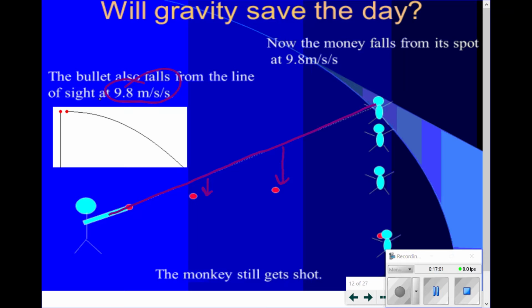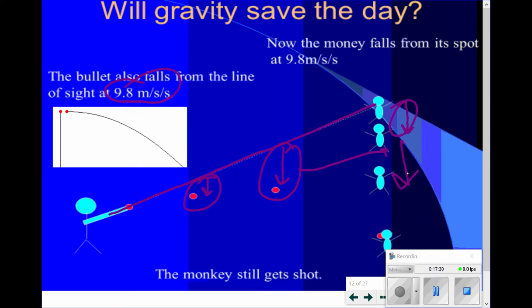But at the same time, the monkey also accelerates away from the line at the same rate. So in 1 moment's time, whatever distance this is, it's the same distance here that the monkey fell. Whatever distance this is, that's the distance that the monkey fell again from the line.